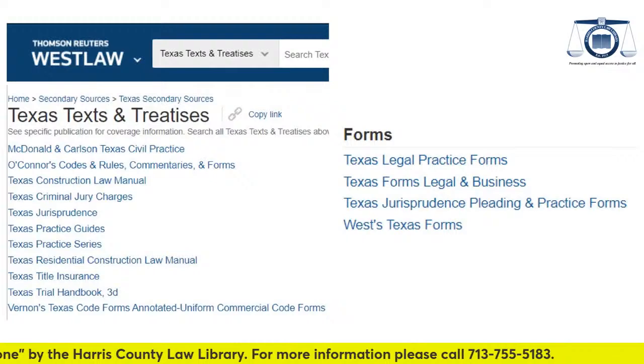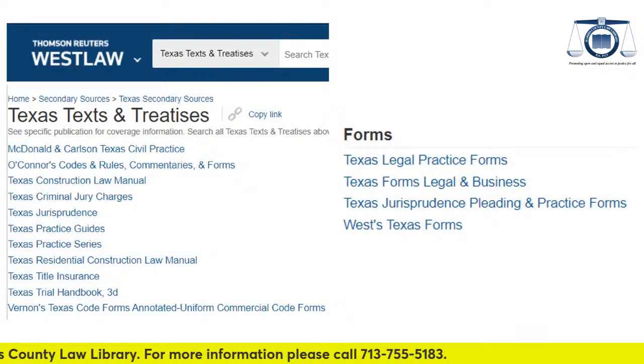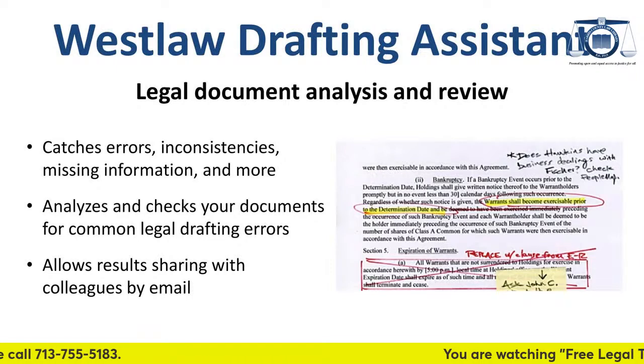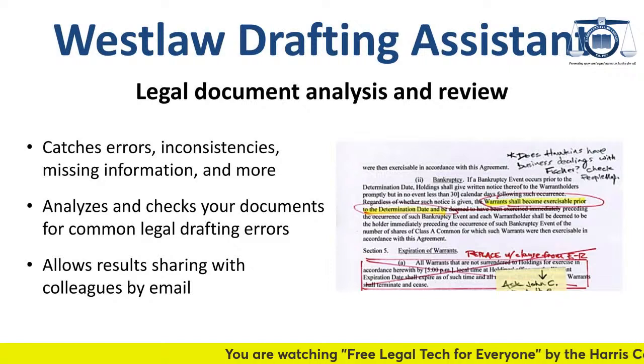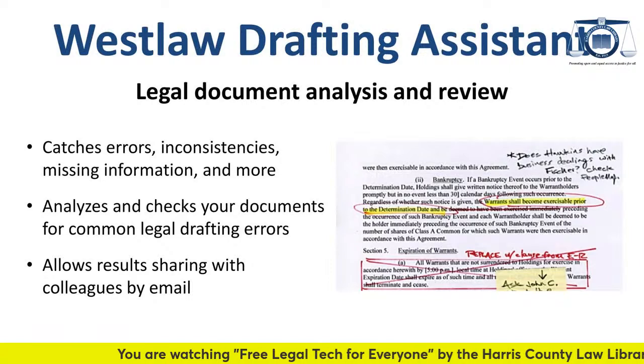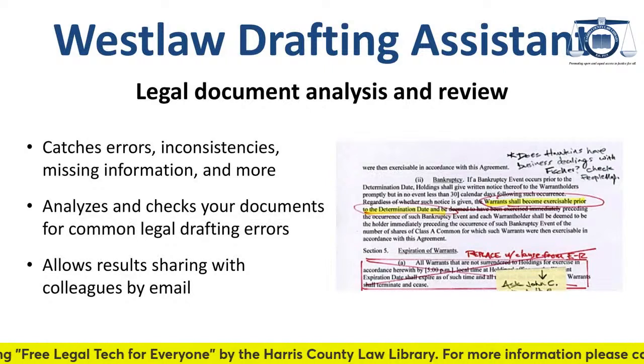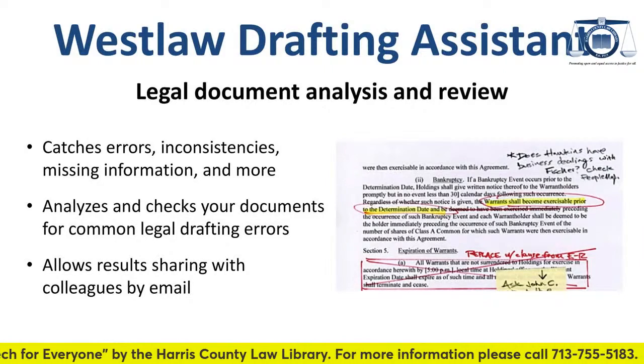And then within Westlaw, they have a feature called the Drafting Assistant, which provides legal document analysis and review. So it takes your document and it catches errors, inconsistencies, and missing information. It analyzes your document for common legal drafting errors, and it allows you to share your results with colleagues by email.